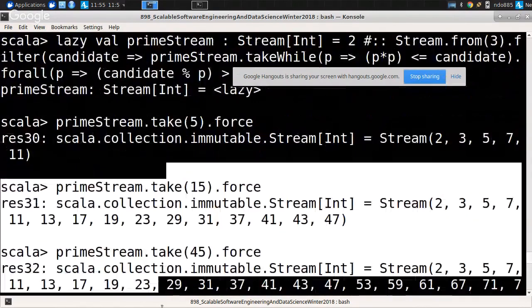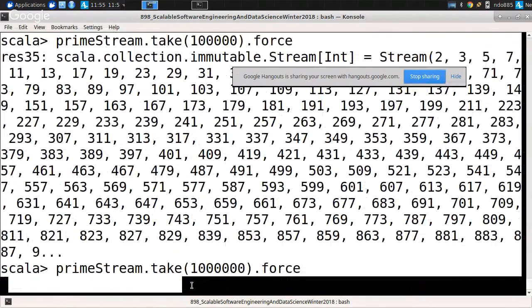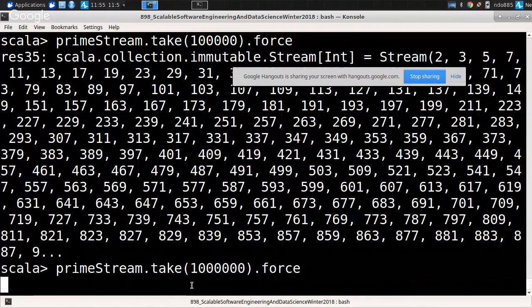It was just a lazy value. It's still working hard. It's very beautiful, but slow. Yeah, it'd be interesting to know what's going on.